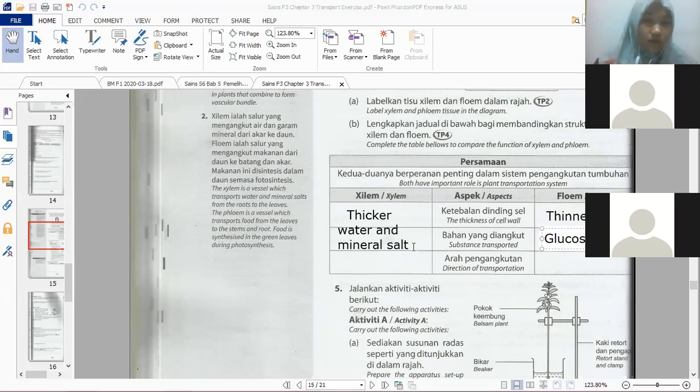Tapi if you didn't put salt pun boleh, because I saw dia punya jawapan pun sometimes they put water and mineral, sometimes they put water and mineral salt. Okay, so boleh.